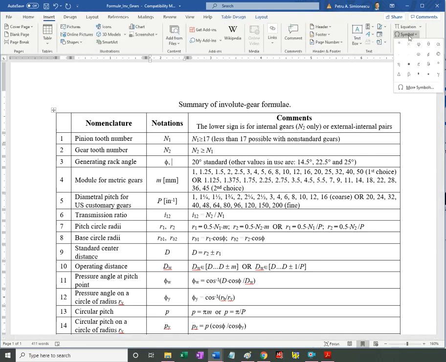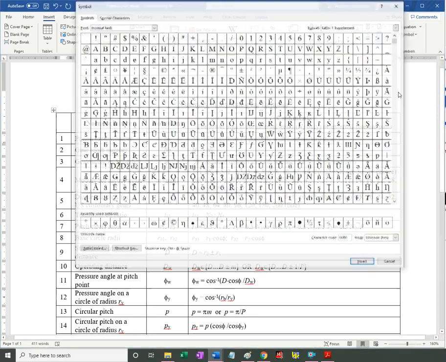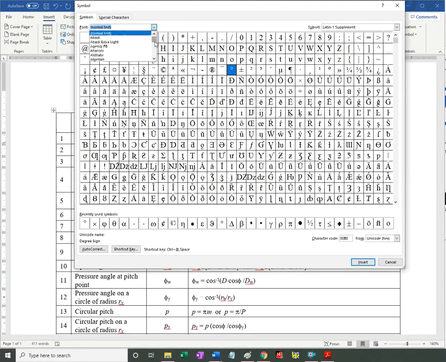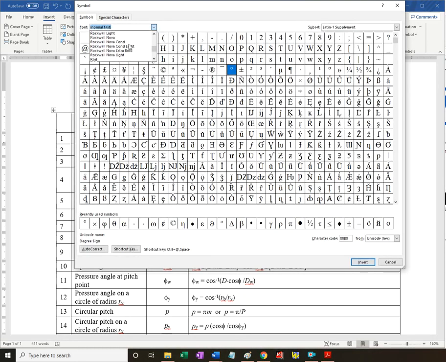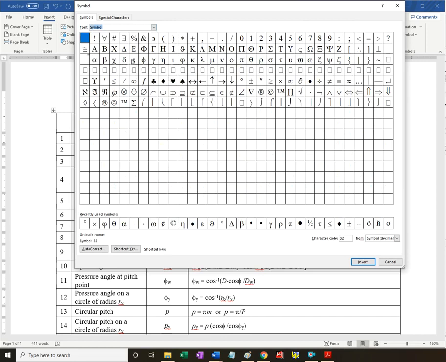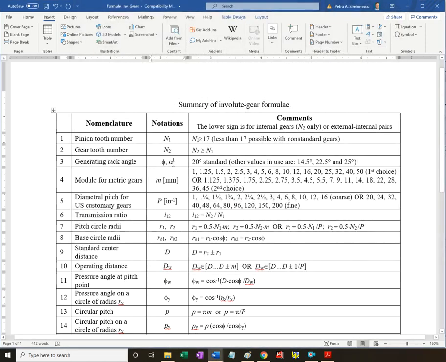In the SI system, the notation used for the pressure angle or the rack angle is alpha rather than phi. Everything else is the same, but I need to make this correction. So alpha is for metric, phi is for inches.